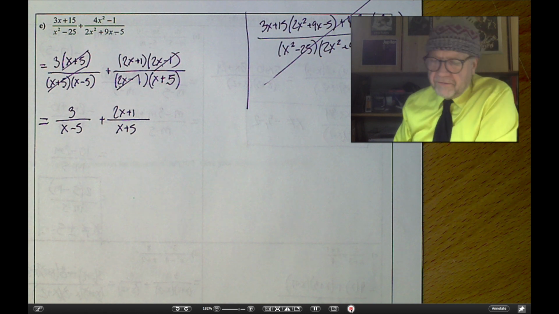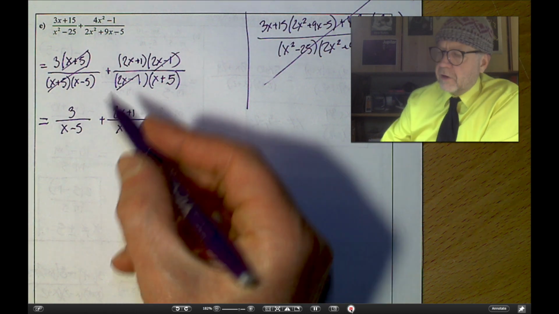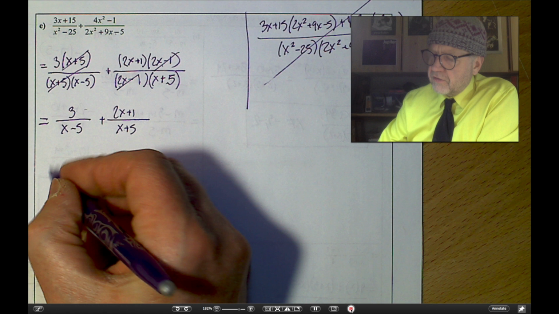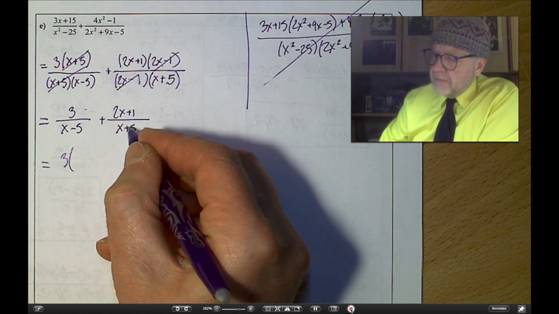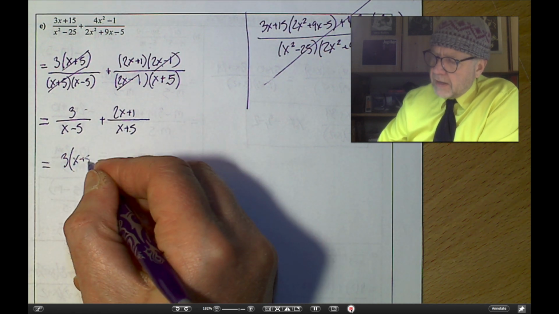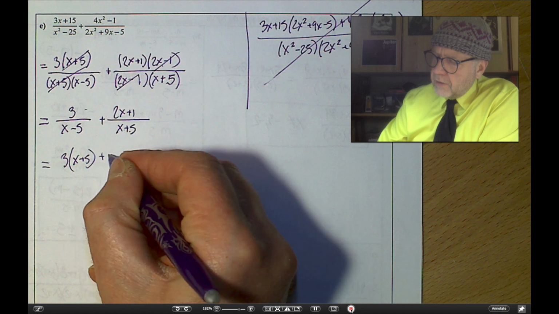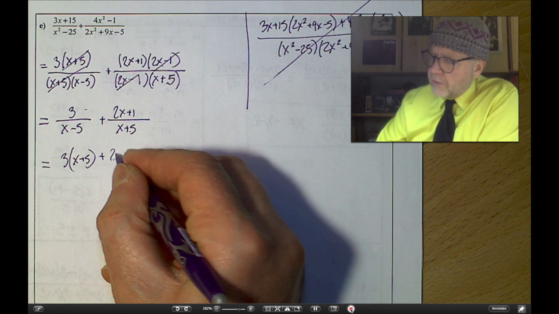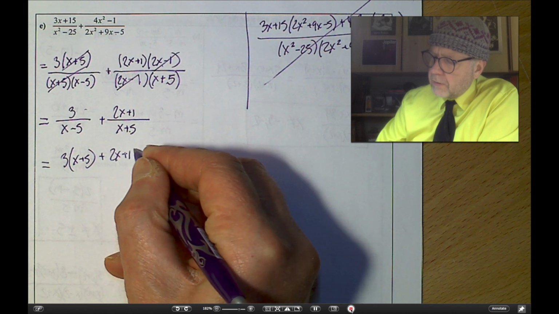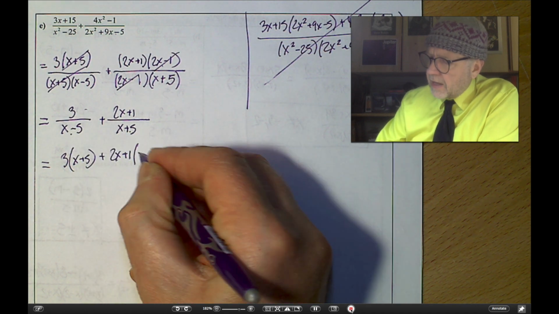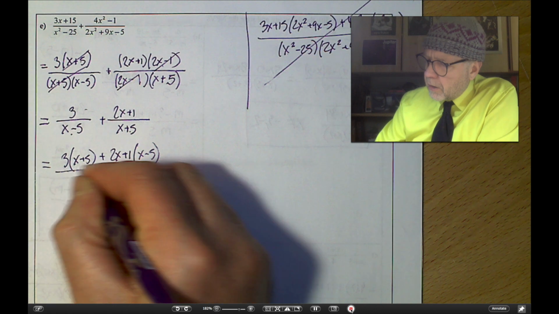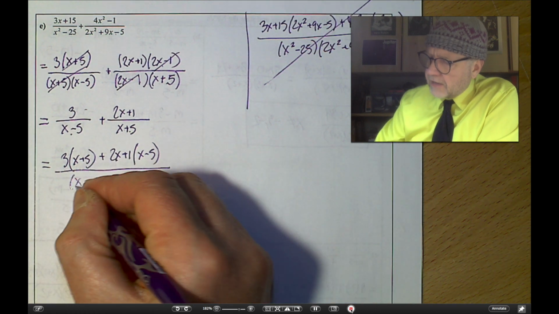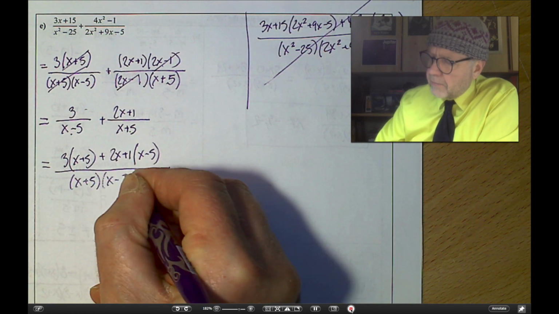Now I'm afraid there is nothing for it but to do your cross products. So 3 times x plus 5 plus, I'm keeping the numerator first, so 2x plus 1 times x minus 5, all over x plus 5, x minus 5.